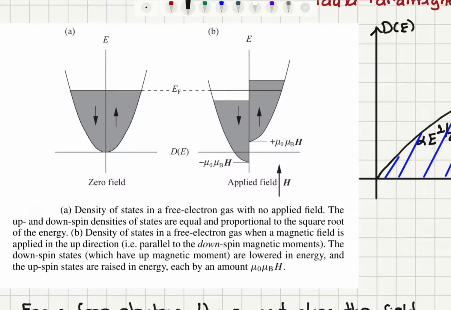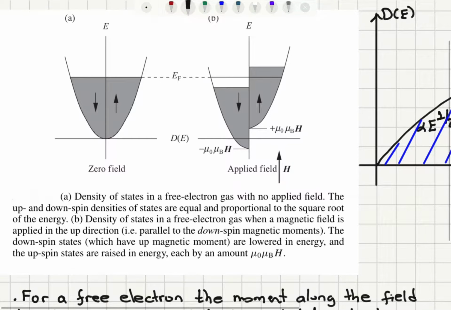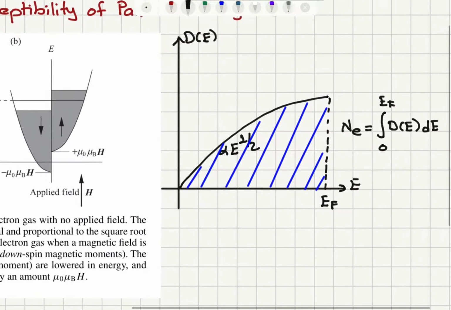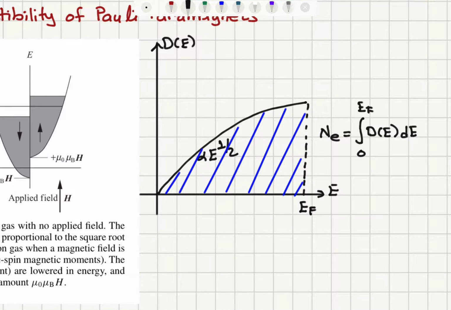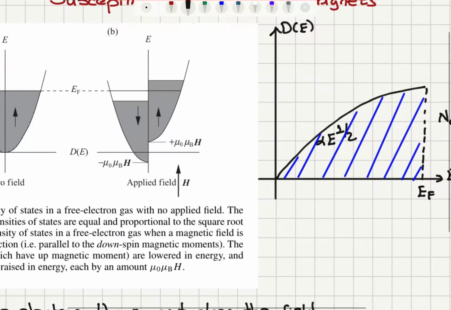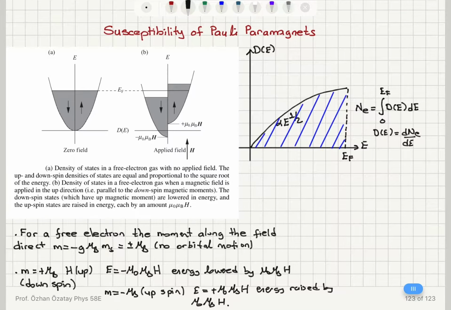In this parabolic relationship at zero field, the integral under the density of states versus energy curve gives us the total number of electrons by definition of density of states. Remember, density of states was dN/dE. So we see that we should have the same number of up spins and down spins. Therefore, we will have zero moment at zero field.